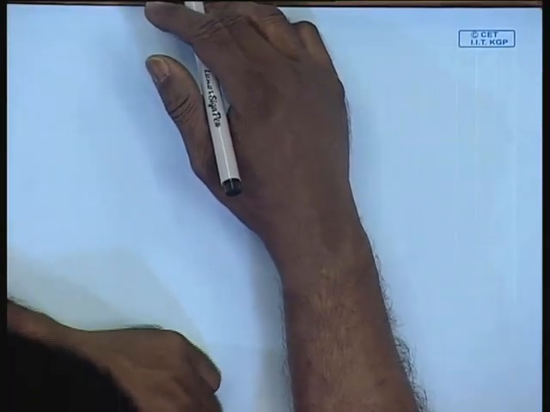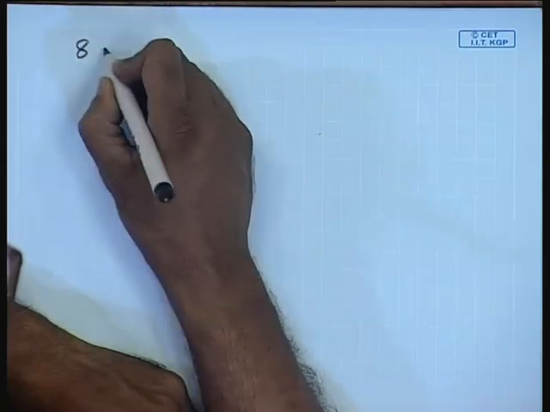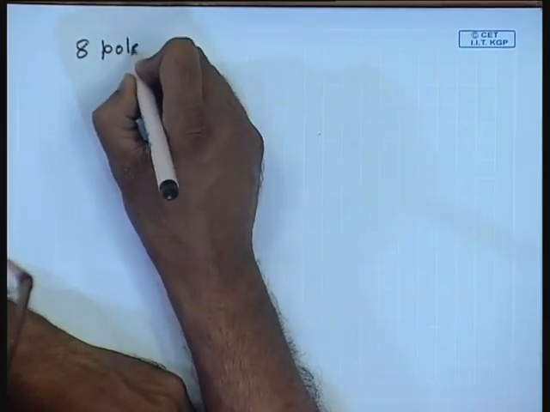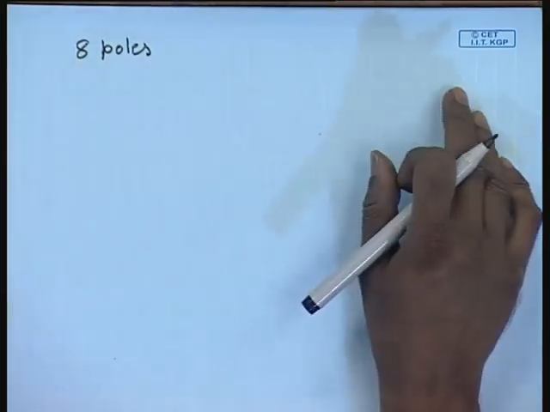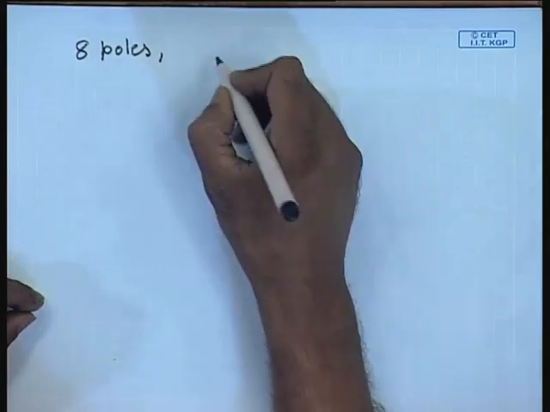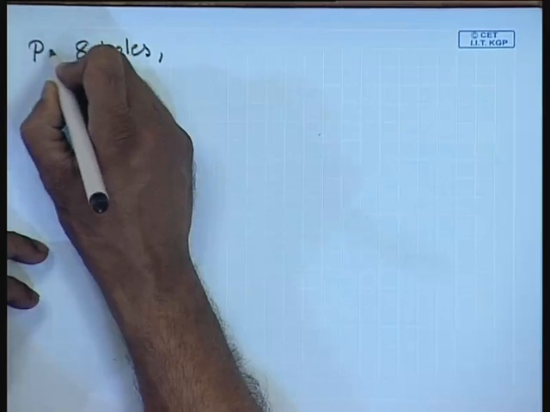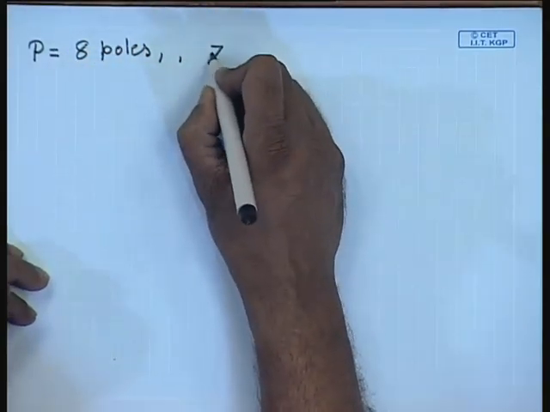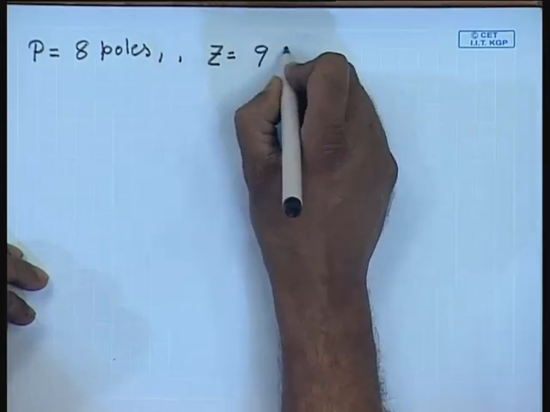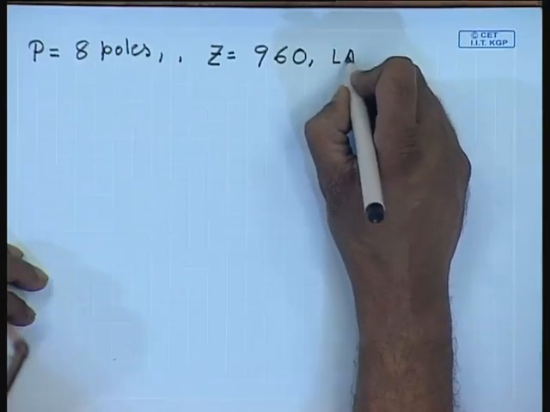Let us say that we have a DC machine with 8 poles, that is P equal to 8, there are 960 conductors, that is Z equal to 960, which are lap connected.